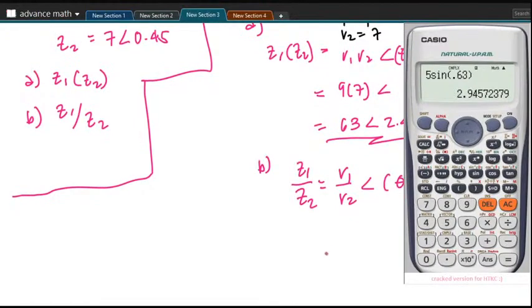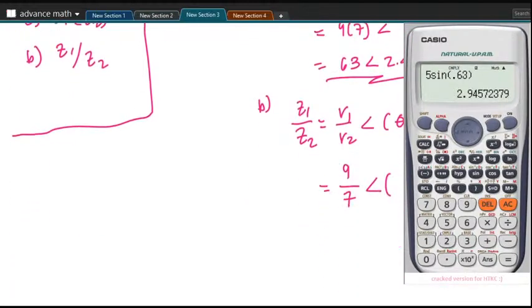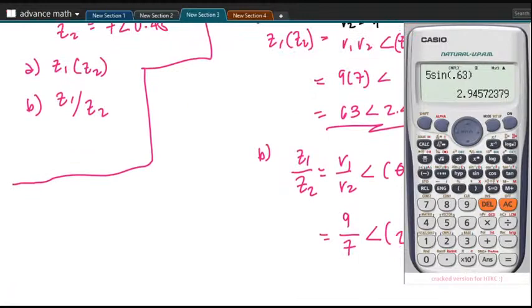So our r sub 1 is 9, our r sub 2 is 7, angle, our theta sub 1 is, just looking back, 2, so that is 2 minus 0.45. So 9 divided by 7.